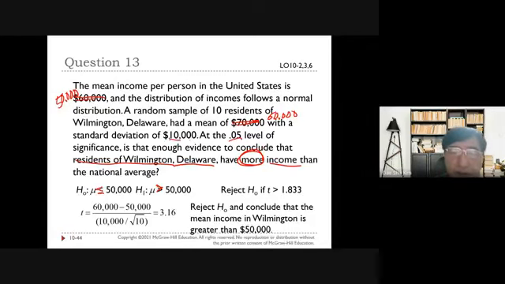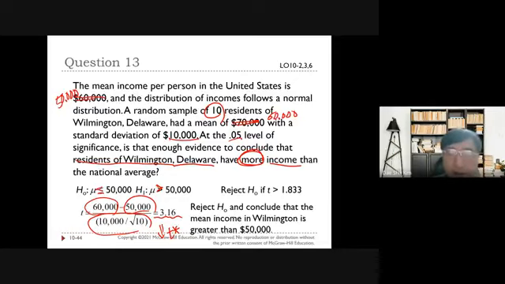The standard deviation is 10,000. Then we calculate 60 minus 50, divided by sigma divided by the square root of n. N is the sample size, 10 residents. We calculate 3.16. Then the t value will be compared to t star.